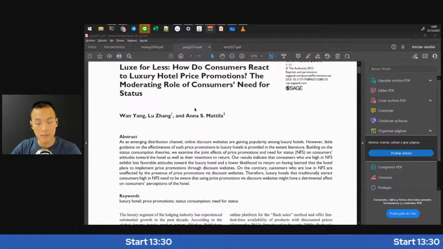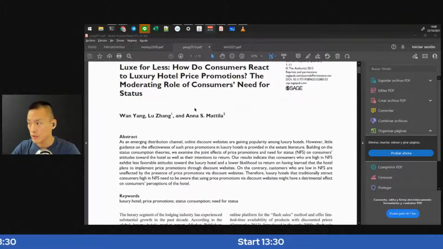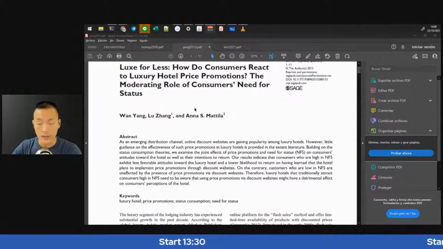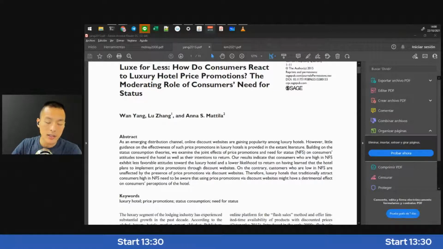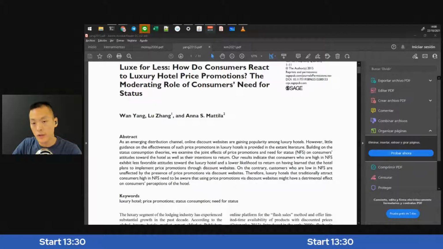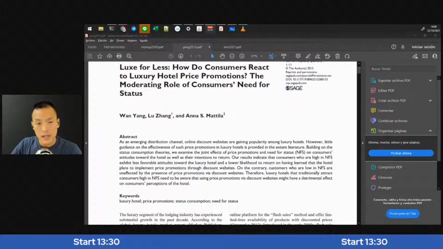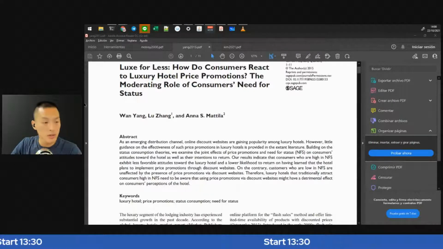So I will skip the paper structure skimming like we just did for Kim. But do know that when I read it on my own and I don't have to talk about it, I actually go through the whole steps. It's not a rule that you have to follow every single time, but it is what I do. It is what works for me, and hopefully it will also work for you.